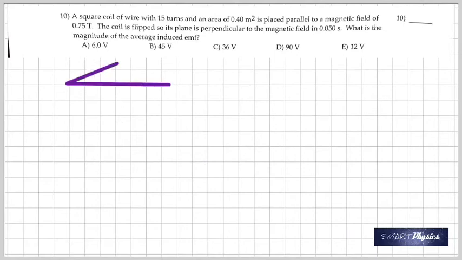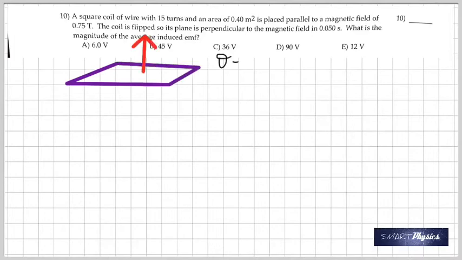A square coil of wire with 15 turns, area given, is placed parallel to a magnetic field of 0.75 Tesla. The coil is flipped, so its plane is perpendicular to the magnetic field, in 0.05 seconds. What's the magnitude of the average induced EMF? So the coil goes from being parallel to perpendicular.